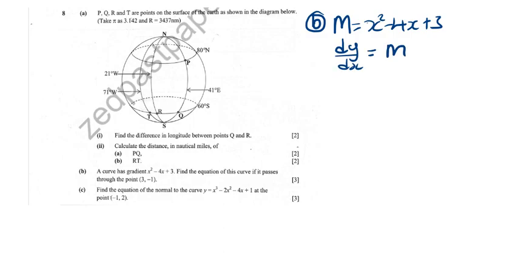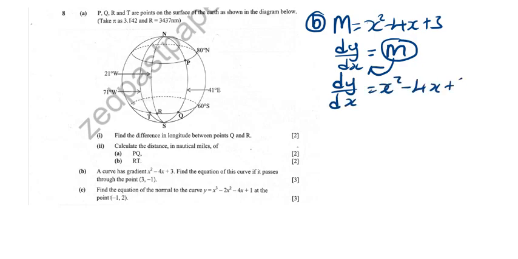Where there is gradient, you are going to put dy over dx. So when you differentiate something, you are finding the gradient equation. So you are going to say dy over dx is equal to x squared minus 4x plus 3.